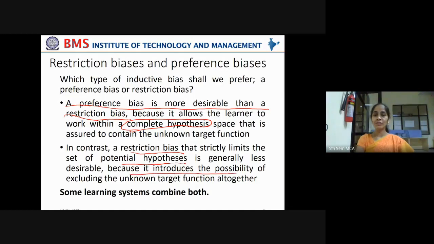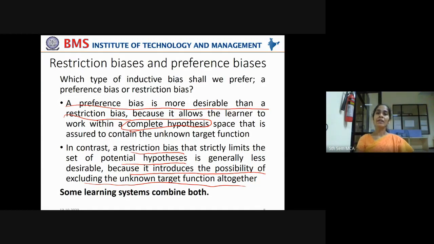Because it introduces the possibility of excluding the unknown target function altogether. Sometimes there is a risk of eliminating the unknown target function without knowing. And remember, the hypothesis space is incomplete, though you search completely, right? So you have to be very careful while using restriction bias.